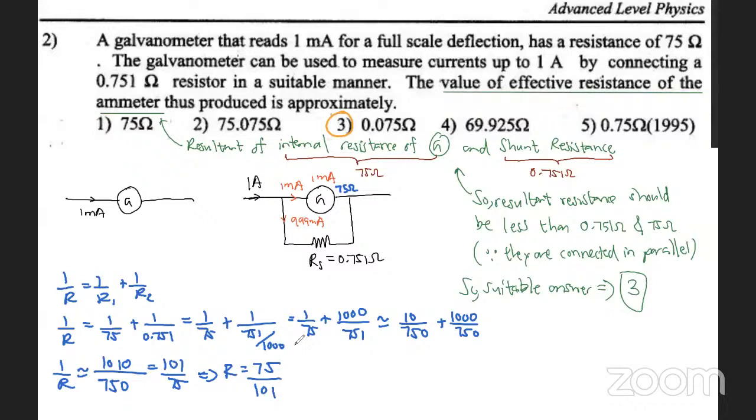What answer are we getting? We're getting 0.74 as the answer.